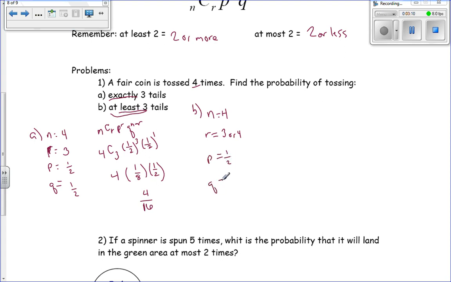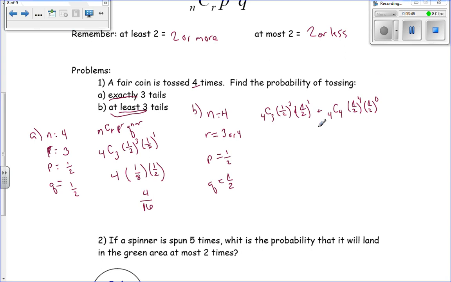Q is still 1/2. So we would have 4C3, 1/2 to the third, times 1/2 to the first, plus 4C4, 1/2 to the fourth, times 1/2 to the 0.